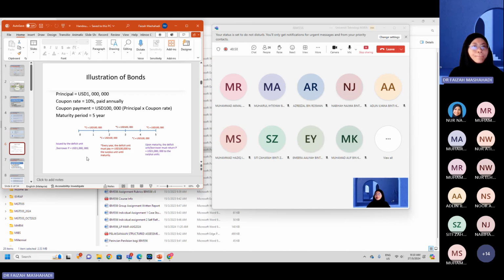That is bond. And this interest can be paid annually or semi-annually. It depends on the negotiation. Remember, the determination of the coupon rate or interest is actually based on the negotiation.